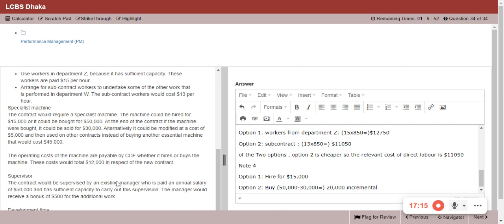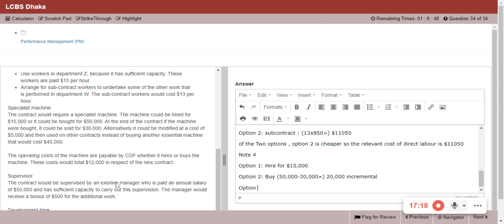The third option is modification. Option 3. If I buy and modify, my purchase cost would be 50,000, right?